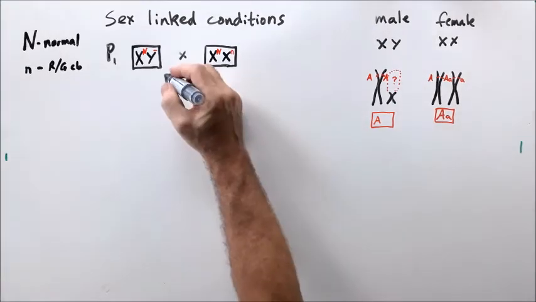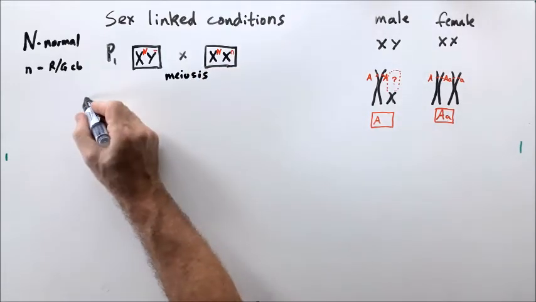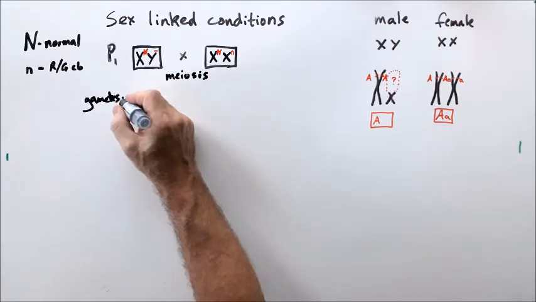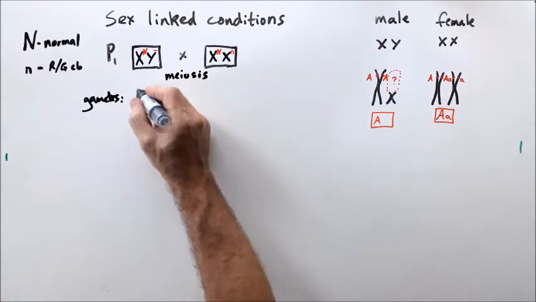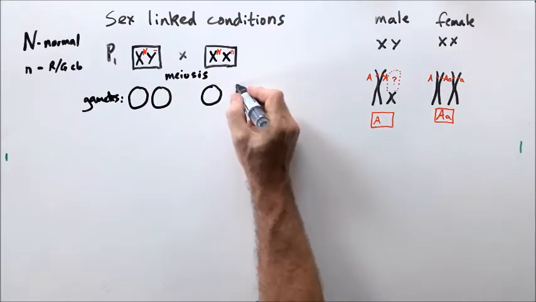And again, we should write here meiosis and gametes. And the gametes for this one, I'm going to write it nice and big if I can.